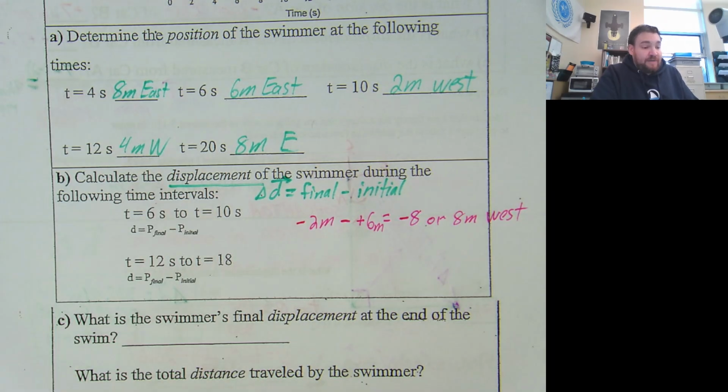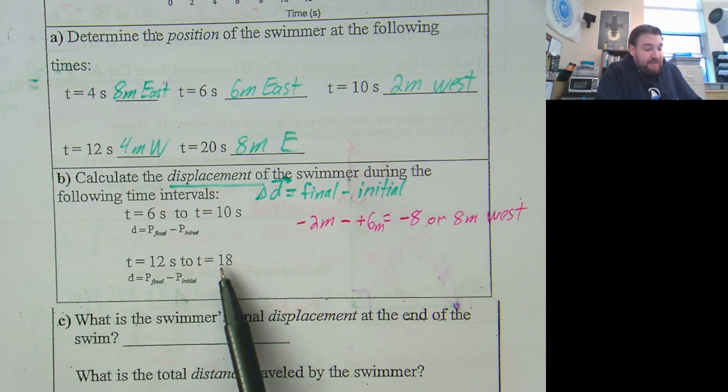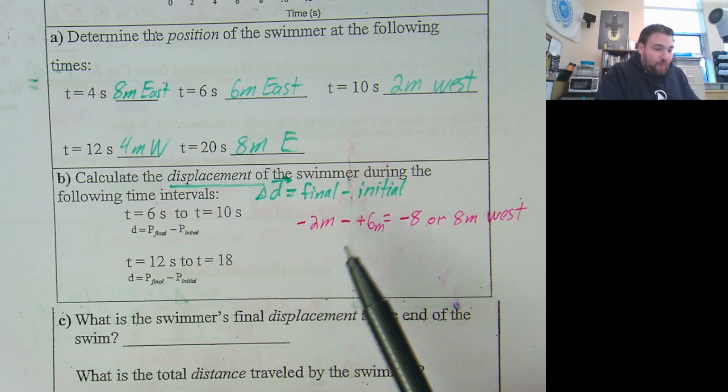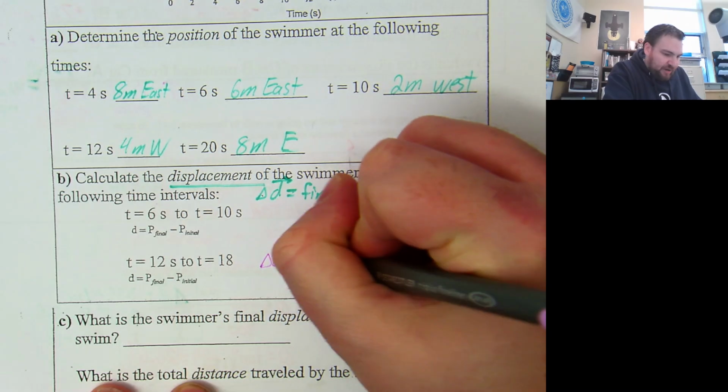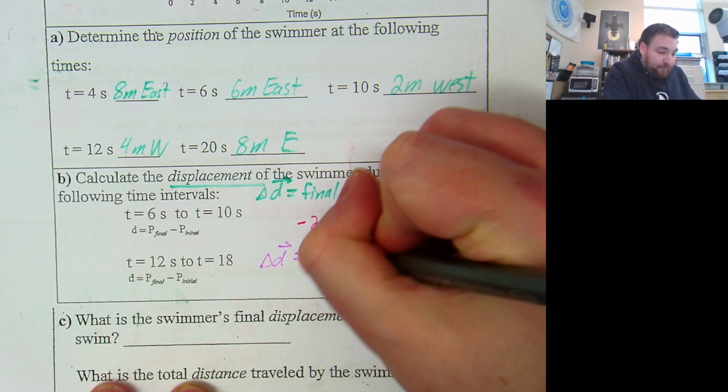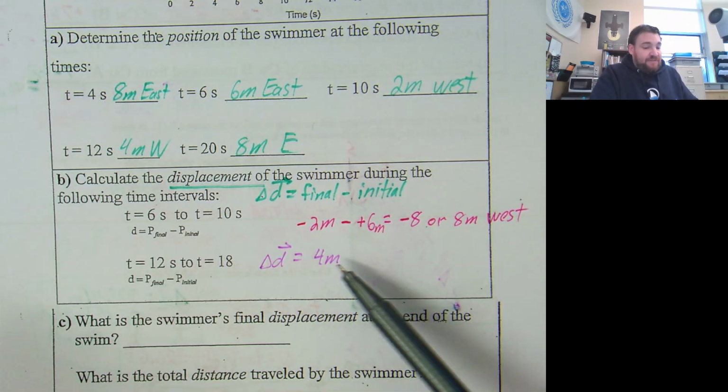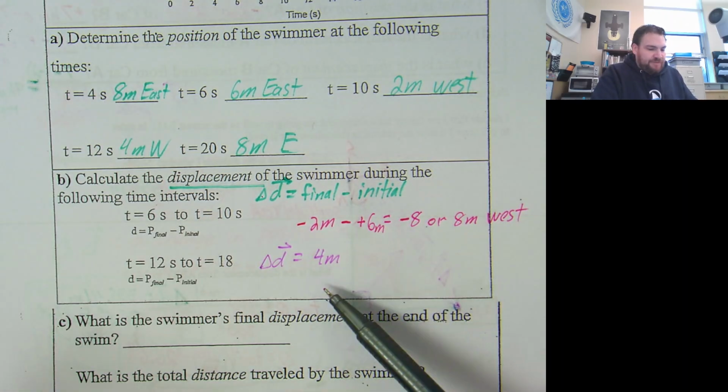So then the next one, from the 12-second mark to the 18-second mark. We don't have the time value for 18, we have the time value for 20. But we can go ahead and find it. The final position is going to be the 18-second mark. At 18 seconds, what's the position of our swimmer? 4 east, okay? So our change in position here, the final value is going to be 4 meters. East is positive, so I'm just going to leave it as positive 4 meters.